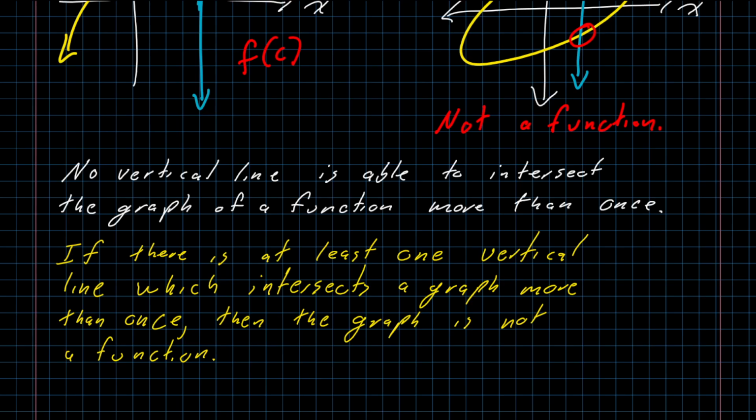And that's something that is very often overlooked or misunderstood or misrepresented by instructors. The vertical line test cannot tell us for certain that a graph is a function. It can tell us for certain that a graph is not a function.